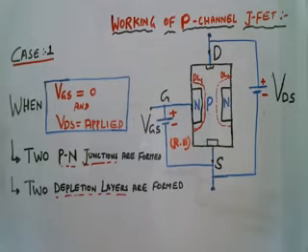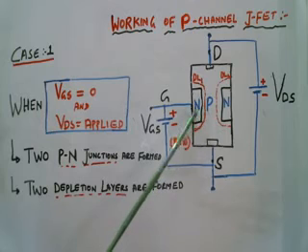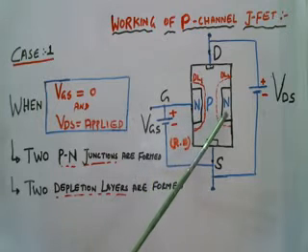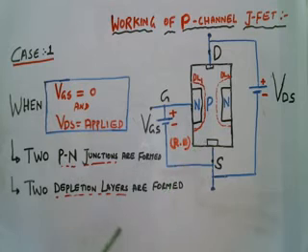So what happens? Two PN junctions are formed. This P channel forms one PN junction with this N type and another PN junction with this N type. For every PN junction, a depletion layer is formed.